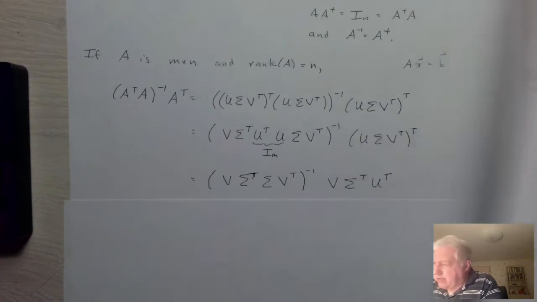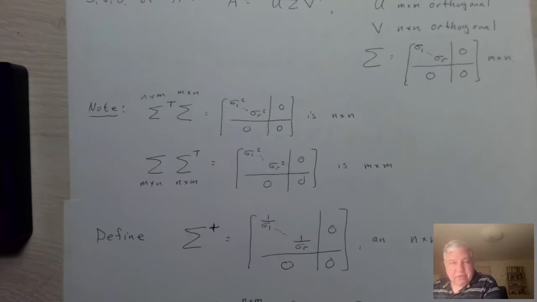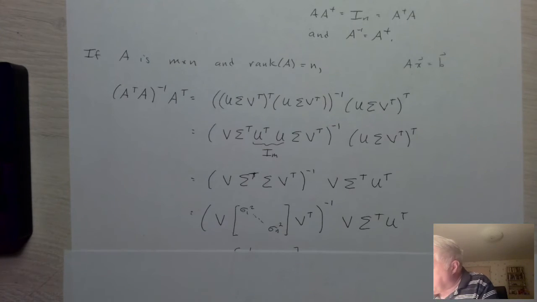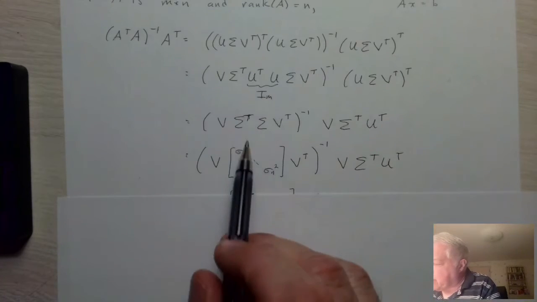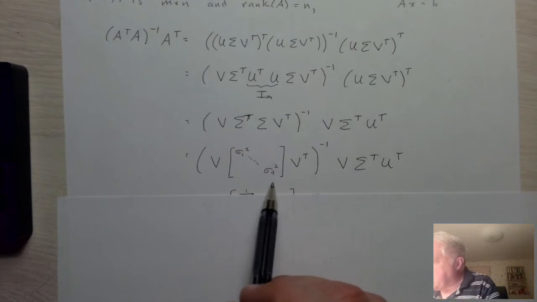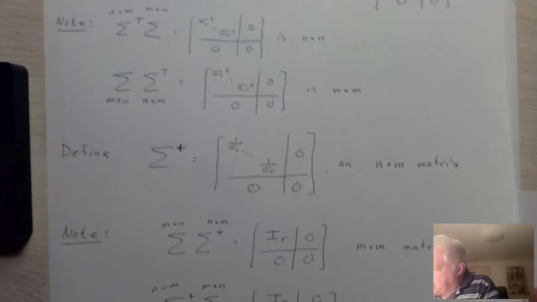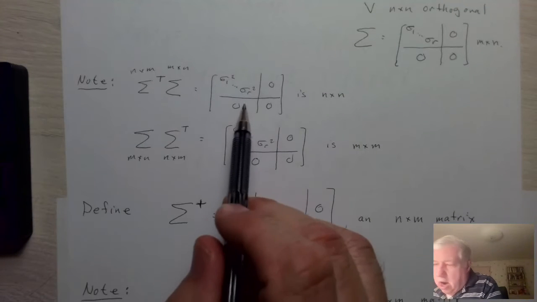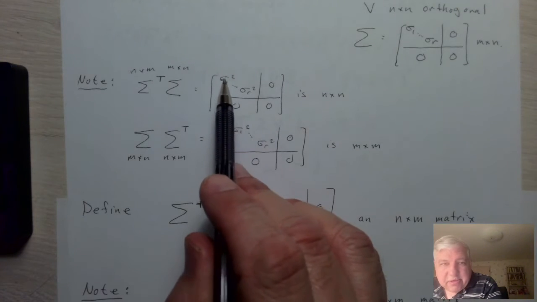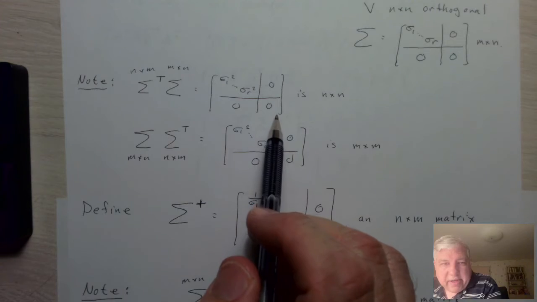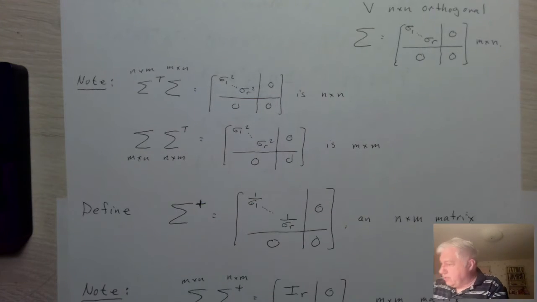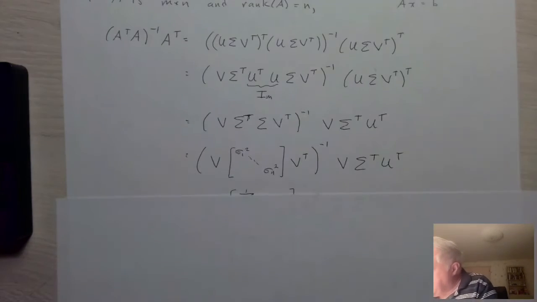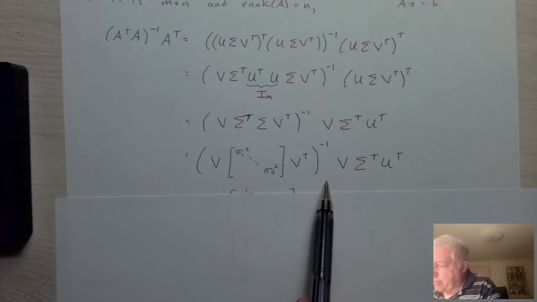But we're using the fact that we know what sigma transpose sigma is, so we can replace it with this square matrix. And in this case, we have r equal to n, so these elements just go all the way down the diagonal. So we get this.